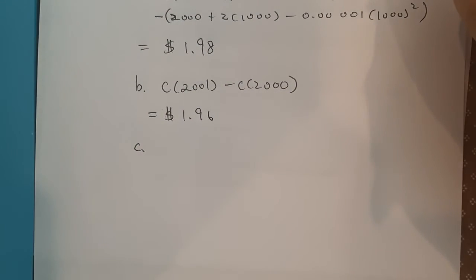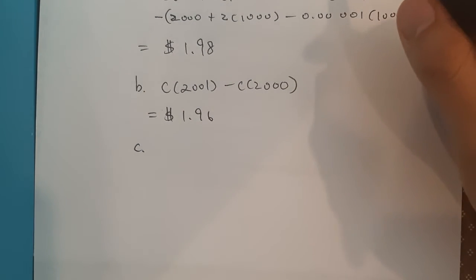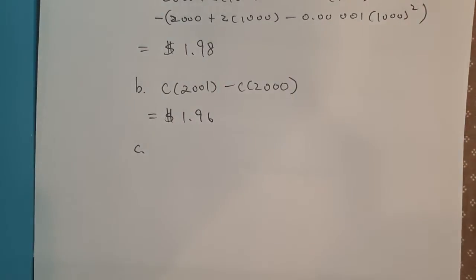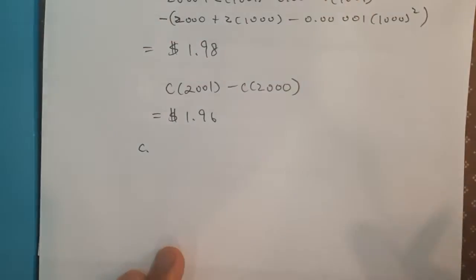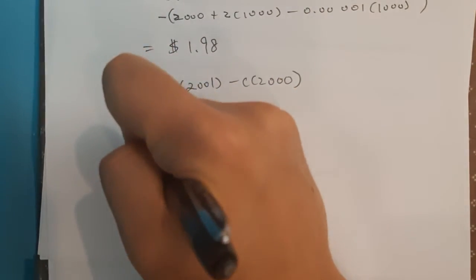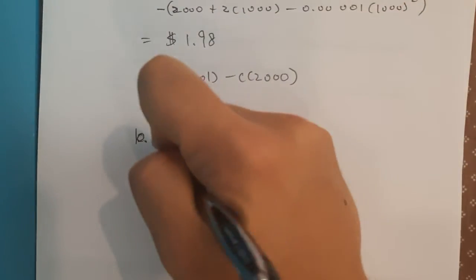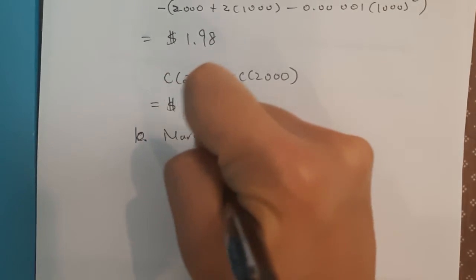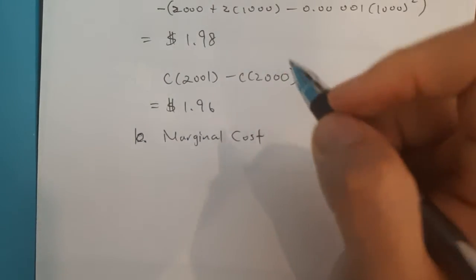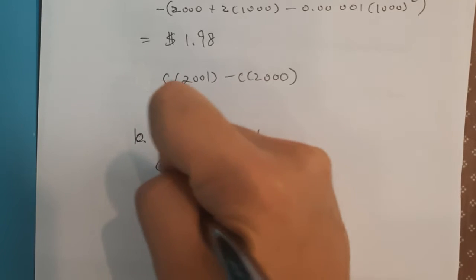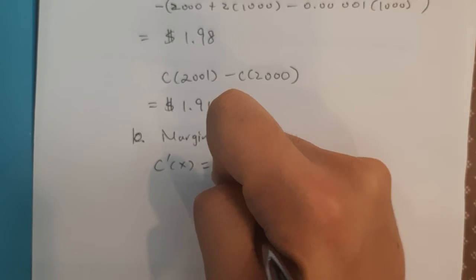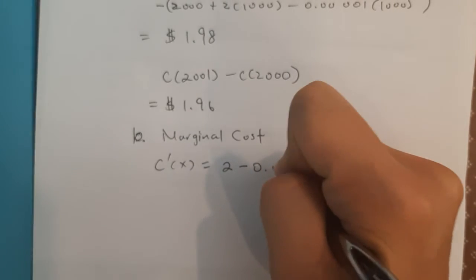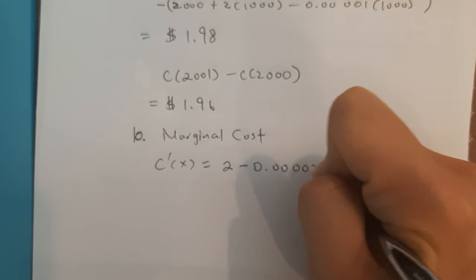So part C, or sorry, this is still part B. What is the marginal cost? So for the marginal cost, we're going to get the derivative. C'(x) = 2 - 0.00002x.